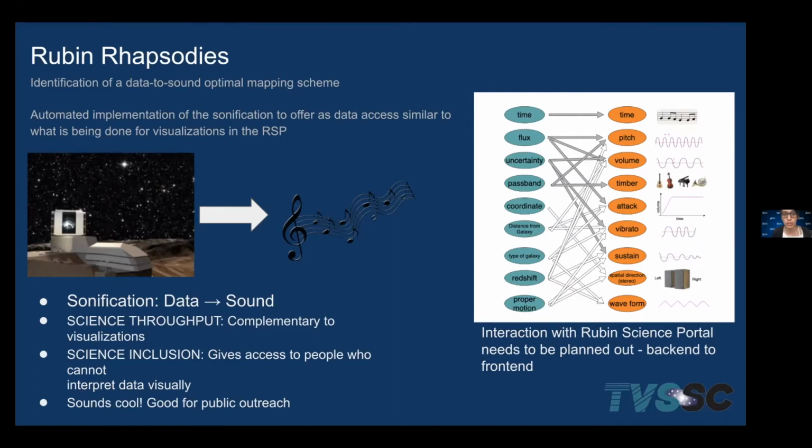The issue is that there is no unique scheme to transform data into sound. There are many features of the data that we want to represent and many features of the sound that we can tap on, but not all are good combinations.